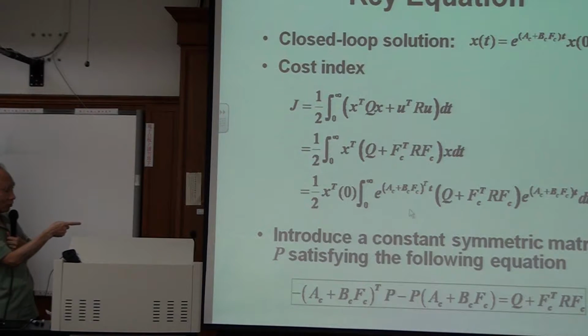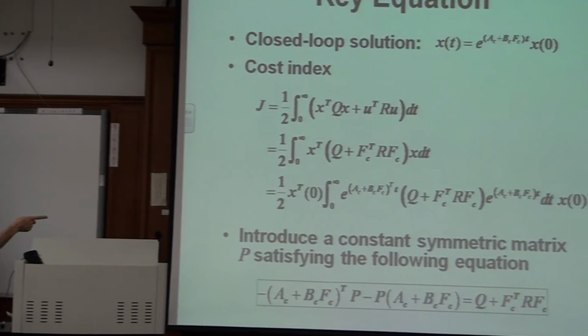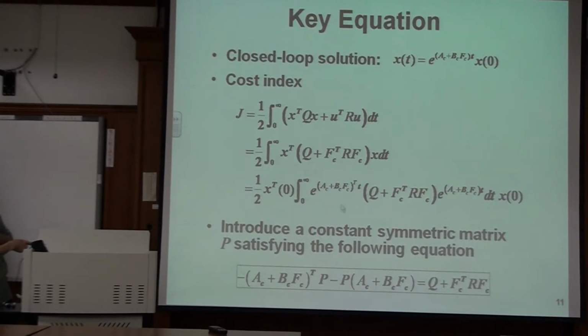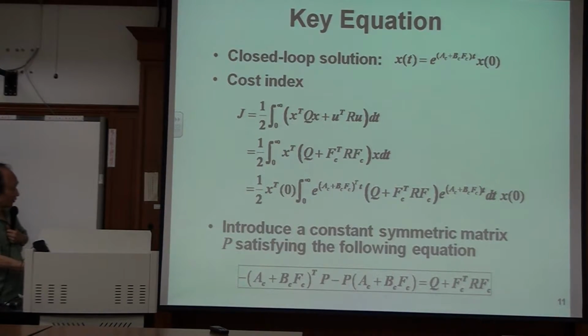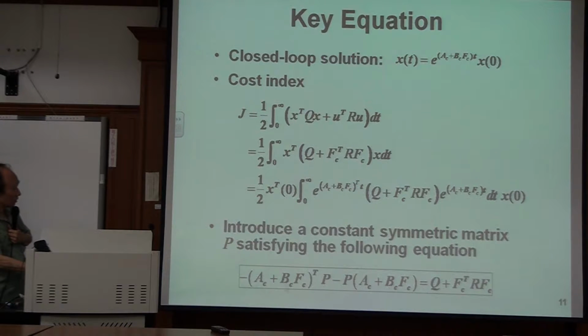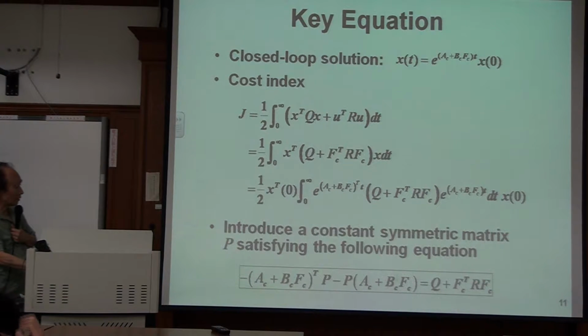I will show you how to solve this kind of problem. If you know AC and BC are given, and FC is not given, we don't know FC.